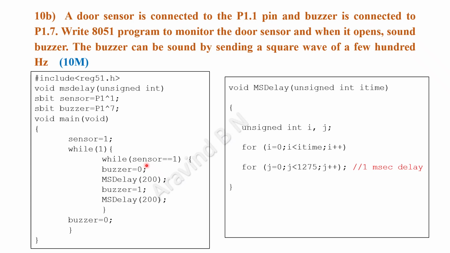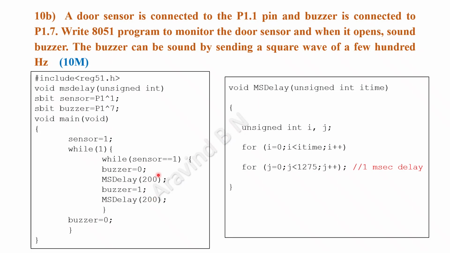Then the sensor will be continuously sensing the data, and whenever the sensor data becomes equal to 1, the buzzer must be turned on in the pattern of a square wave. Therefore, initially buzzer is set equal to 0 for 200 milliseconds and then it is set equal to 1 for 200 milliseconds. This creates a square wave pattern.